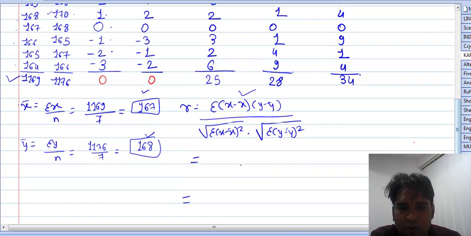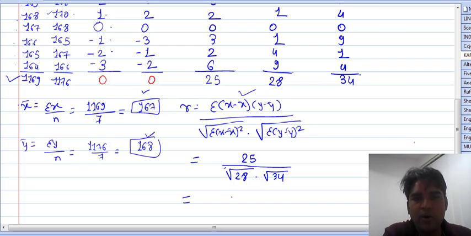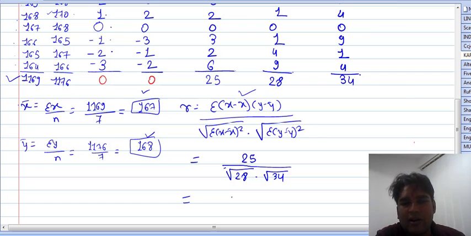Now you have to simply input all the values in the formula. Sigma x minus x bar y minus y bar is given 25, square root of 28, and this will become 34. Now extremely important step, you have to do these things in the calculator. 28 into 34 is equal to, and then press the under root button in your calculator.